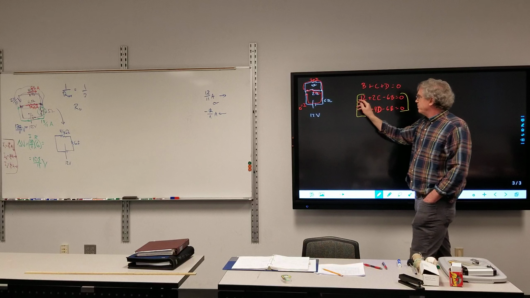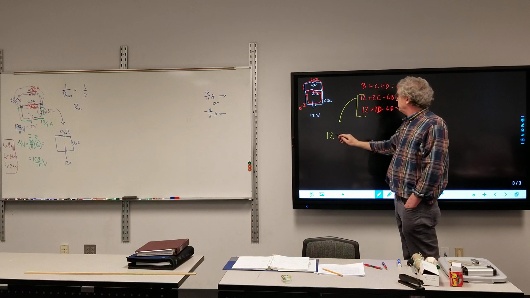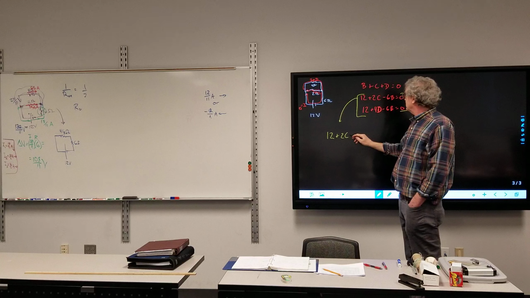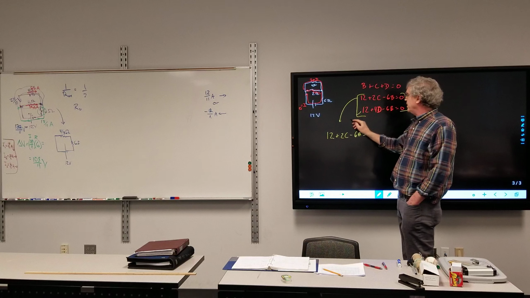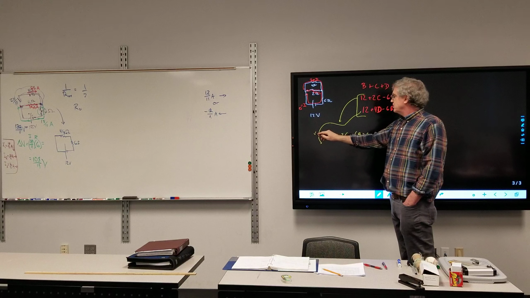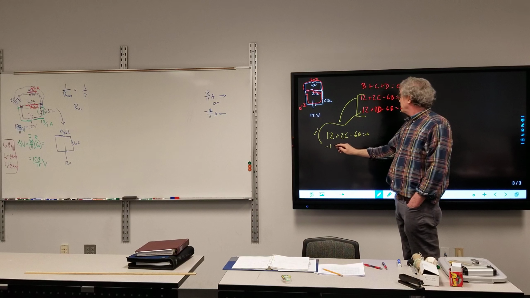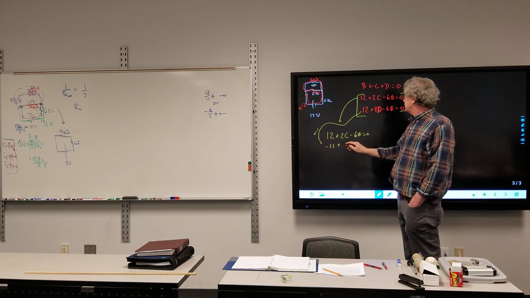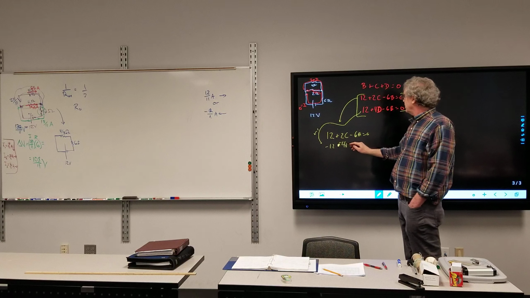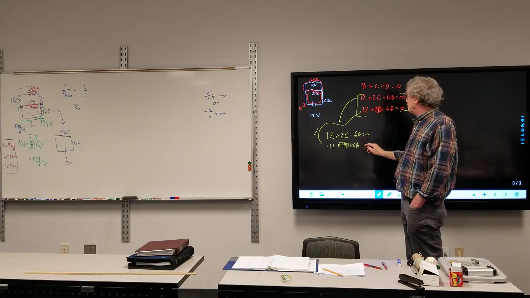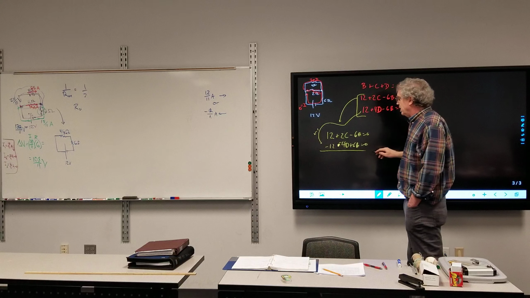So I'm going to keep the first equation as is, so 12 plus 2C minus 6B equals 0. And the other one, I'm going to multiply by times -1. I have -12 minus 4D plus 6B equals 0. And then I'm just going to add them.